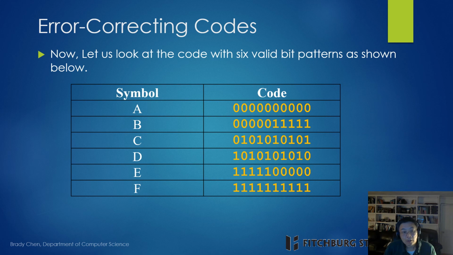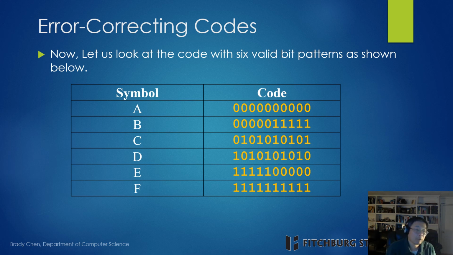Let's look at the table here. Now, instead of using the ASCII code, we try to define a new set of code. We use 10 bits and we define a new code and map each of the bit patterns to some letters.